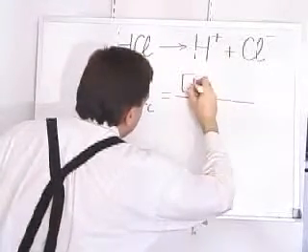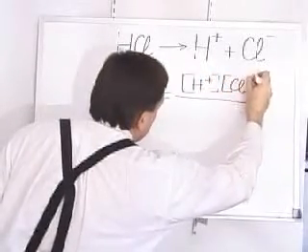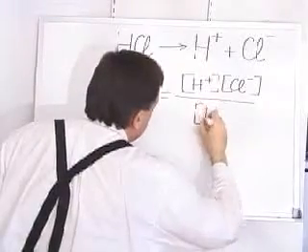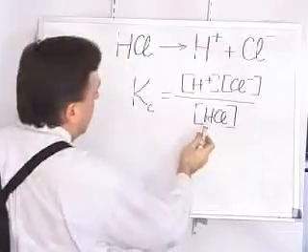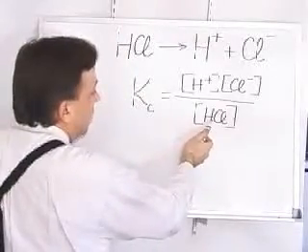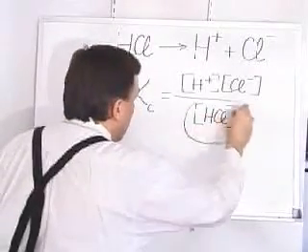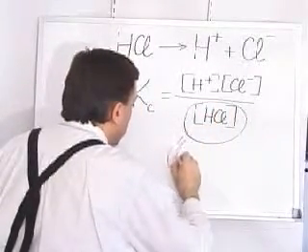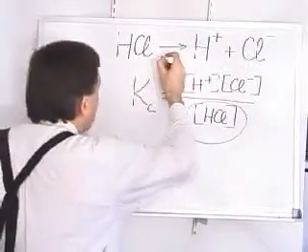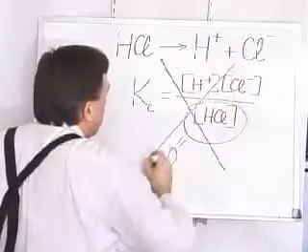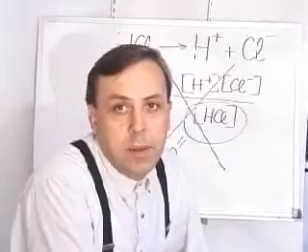Now we see from this expression that the concept of equilibrium constant is irrelevant in the case of a strong acid. Indeed, in the denominator we have the concentration of hydrogen chloride, which is 0, as we already know. Therefore, this expression is a mathematical absurdity. Thus, for strong acids and strong bases, the concept of equilibrium constant is not applicable.